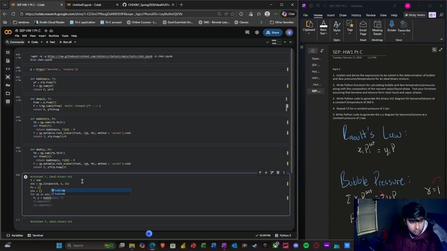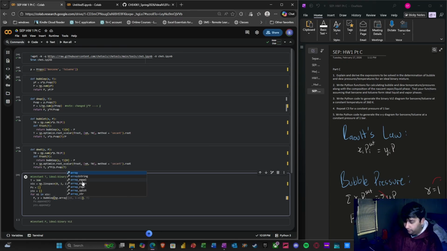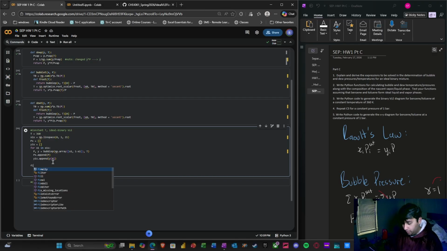So if we take our bubble p and make np.array, and I guess I already did that, and then we're also going to be doing pressures.append for pressure, and then y1s for our first value. And yep, this is the code essentially to calculate that graph, but we need to display the plot.